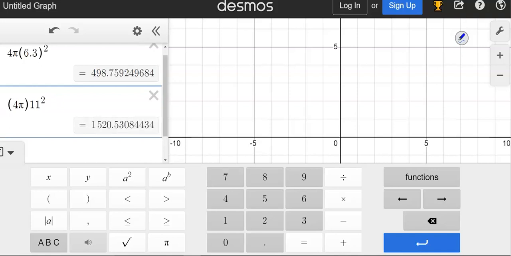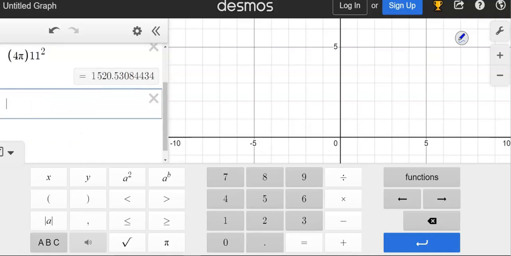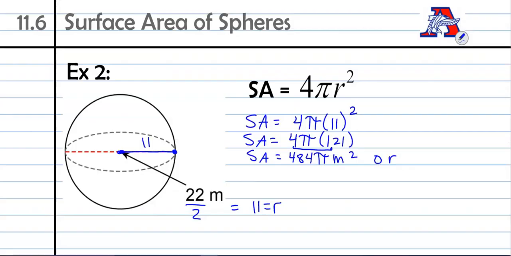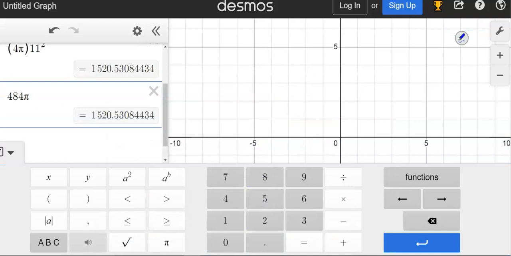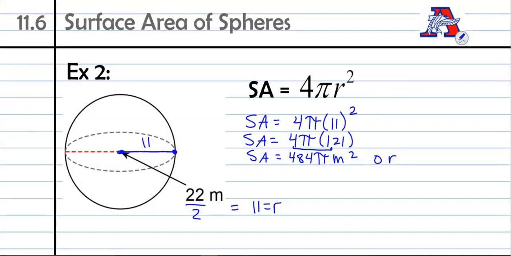It's the same as if we would have used our other answer, which was 484 pi. Same answer, 1520.53, and those are in square meters. That's it. That's all there is for spheres. Pretty simple one.